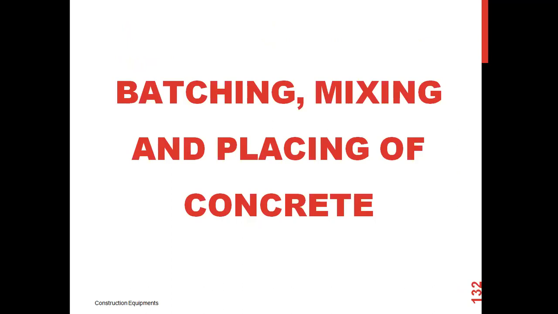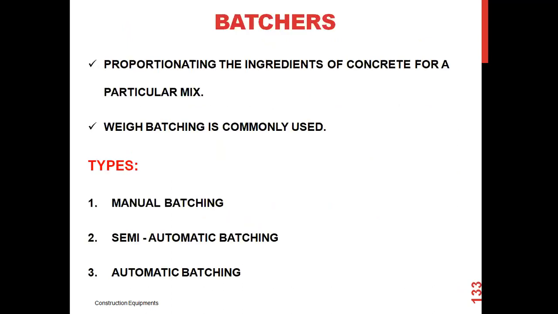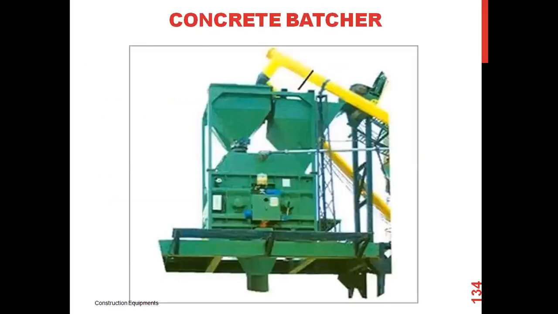The batching, mixing and placing of concrete. Manual batching, semi-automatic batching and automatic batching are used in batching concrete. For proportioning the ingredients of concrete for a particular mix, weight batching is commonly used.